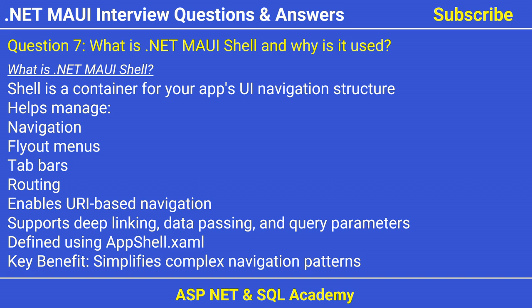You define the navigation structure and routes in AppShell.xaml, which becomes the root of your app's UI. Shell is especially useful when your app has a complex UI or needs scalable navigation patterns.